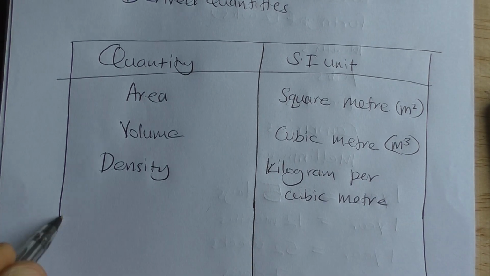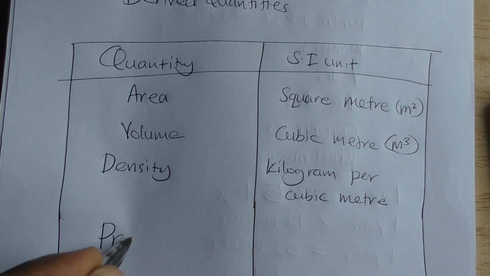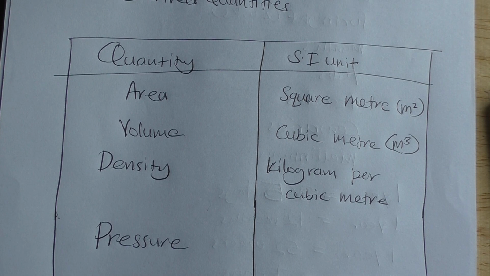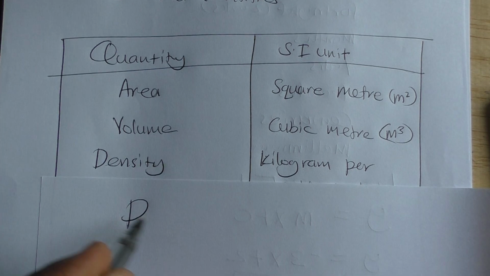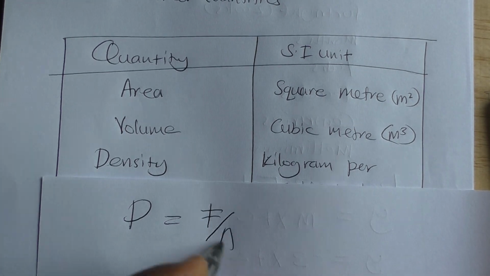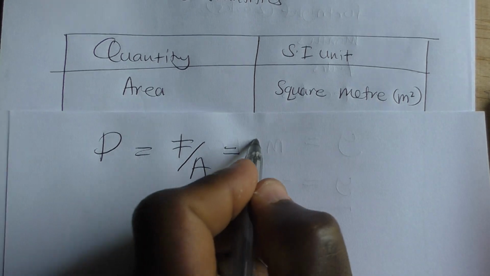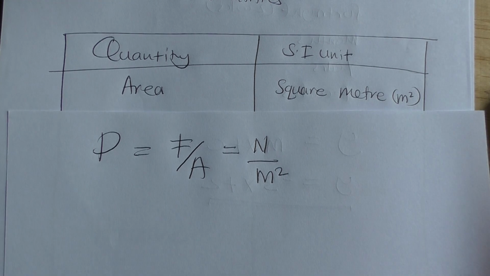We can add on others. We have pressure. Pressure is given by force over area, and force is measured in newtons, area is measured in meters squared.